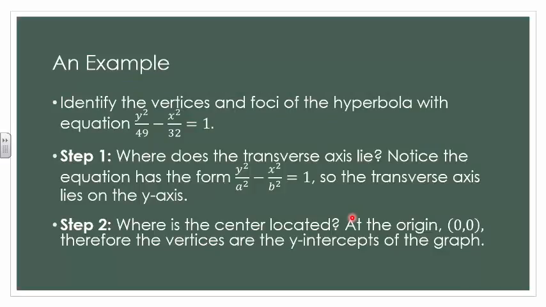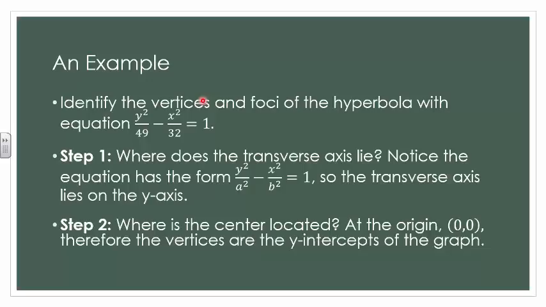We move on to an example. We'd like to identify the vertices and foci of the hyperbola with the equation y squared over 49 minus x squared over 32 equals 1. The first step is to figure out where the transverse axis lies.